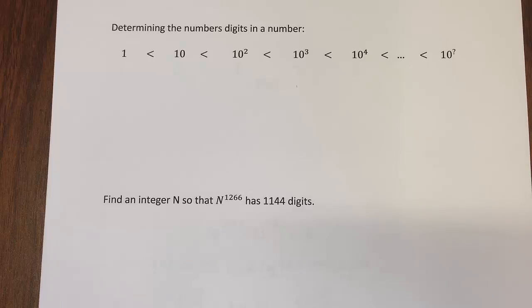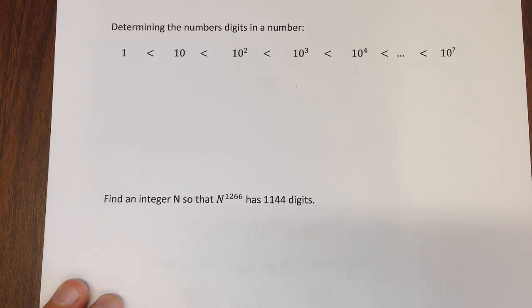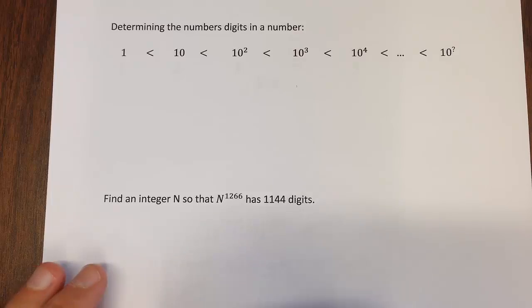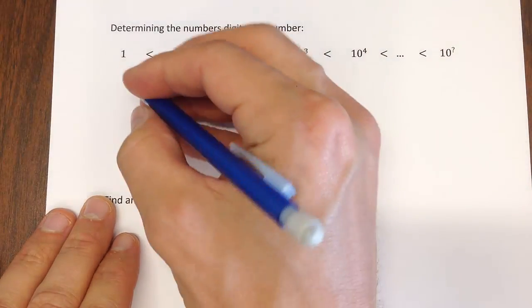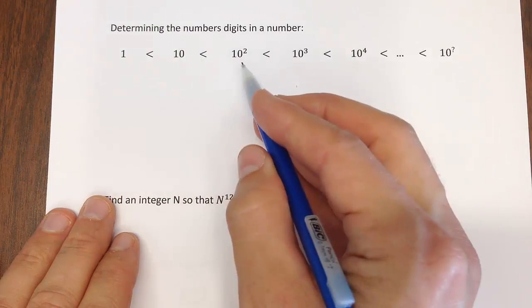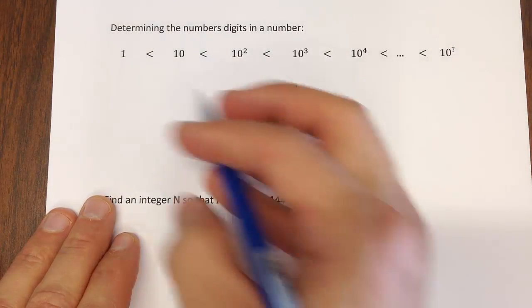Let's look at a couple of problems involving determining the number of digits a number has. So first off, think about it this way. If you're looking at a number, you're really trying to put that number in a slot between 1, 10, 100, 1,000, and so on.